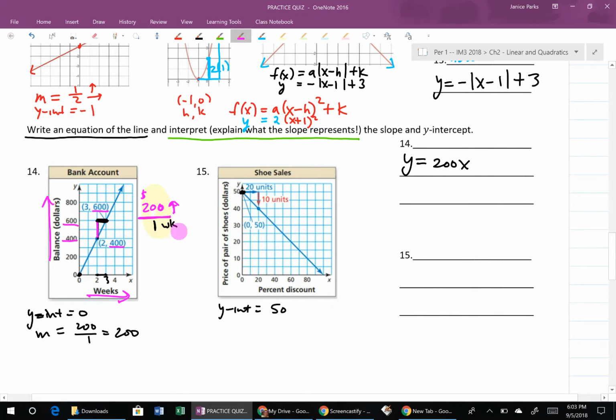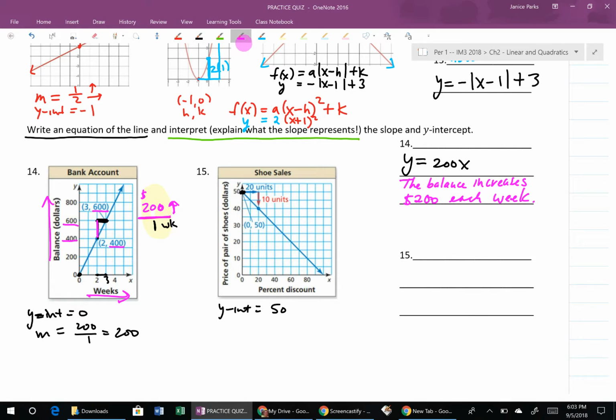So the balance increases $200 each week. And you need to put units for both the top number, which is dollars, and the bottom number, which is weeks, and it has to do with the balance.